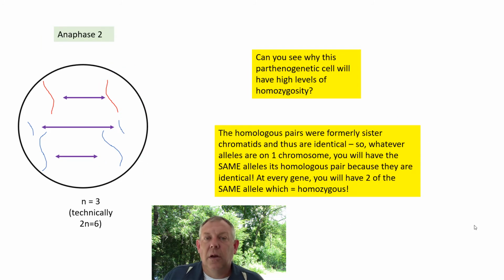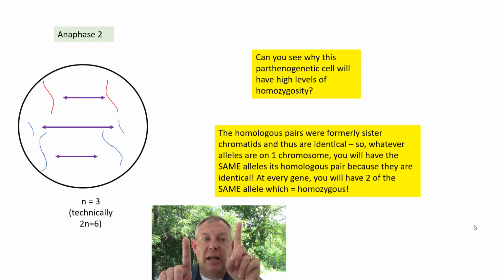Now again, if you study this, you can see why the parthenogenetic cell will have high levels of homozygosity. So what is homozygosity? Homozygous is when you have two alleles that are the same. In this parthenogenetic offspring, their homologous pairs were formed by splitting sister chromatids. Sister chromatids are identical.